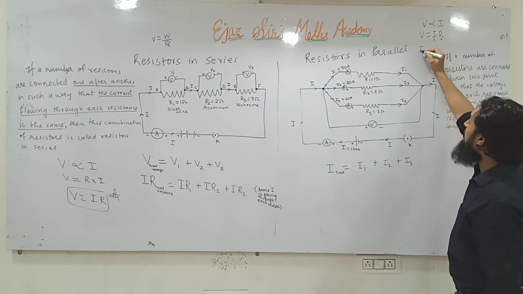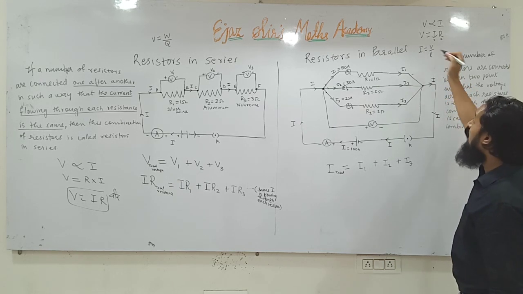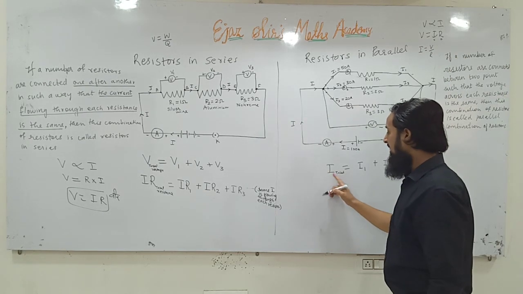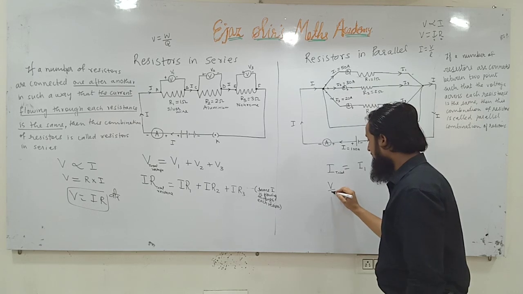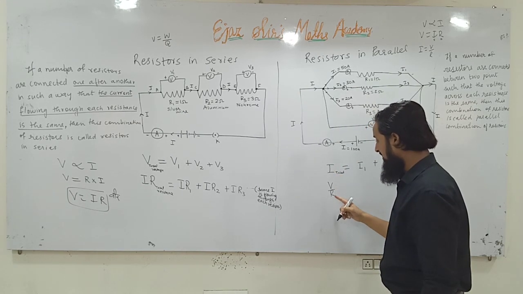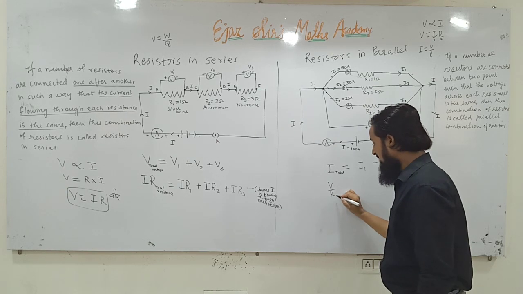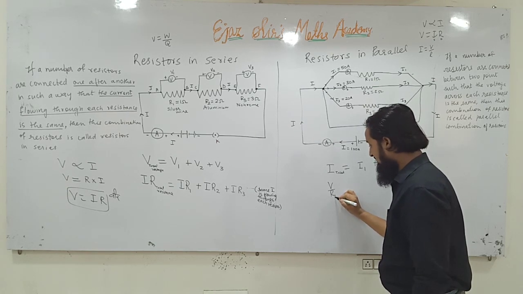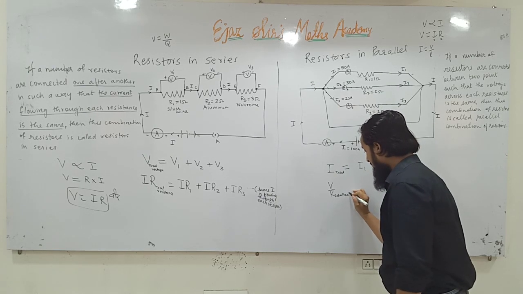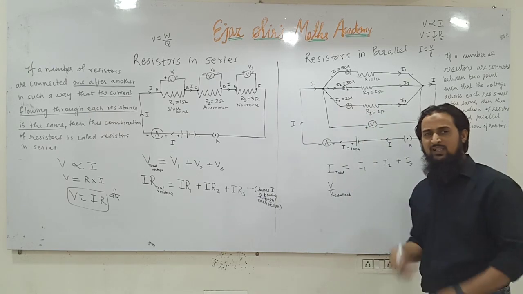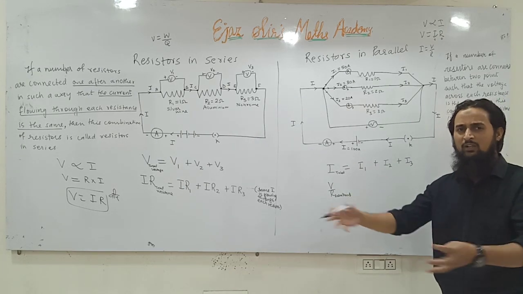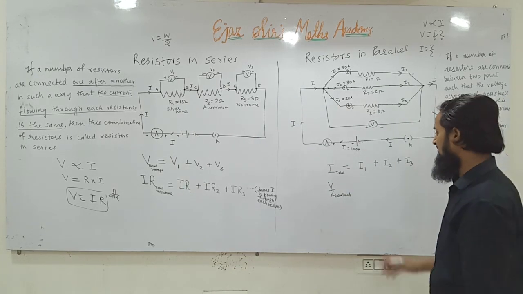So V is equal to IR. What can I write instead of I? It will be V by R. V divided by R. And this is total I, so this will be total V voltage, and this will be total resistance. Total resistance is also called resultant resistance, whatever is the result of all the resistors.